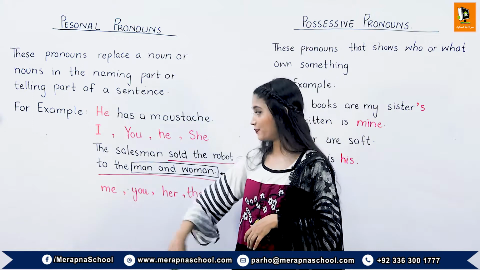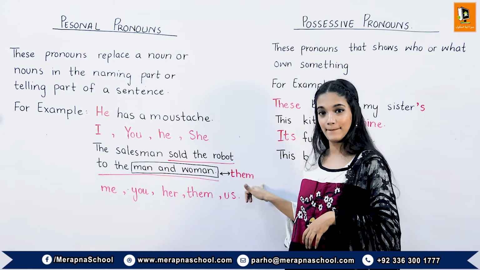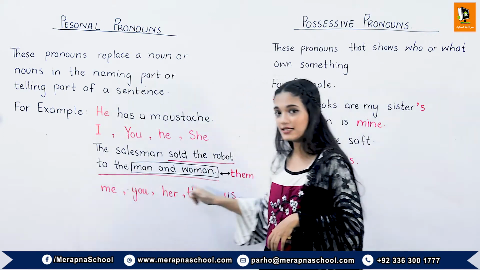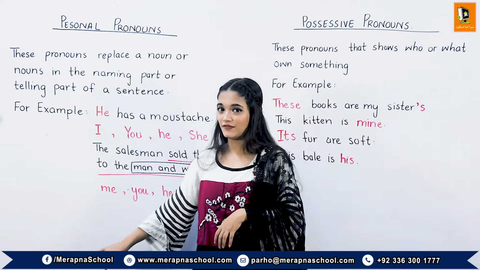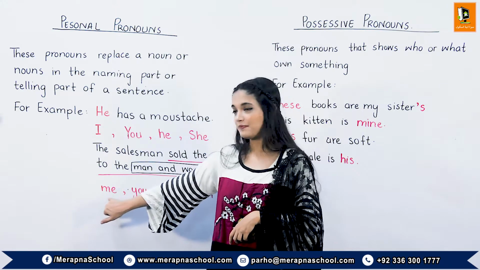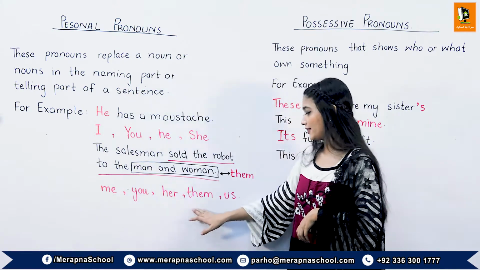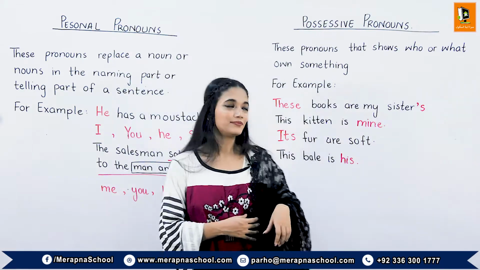So the sentence would be, the salesman sold the robot to them. This them replaces the telling part. For the telling part, we use personal pronouns like me, you, her, them, us, him, etc.